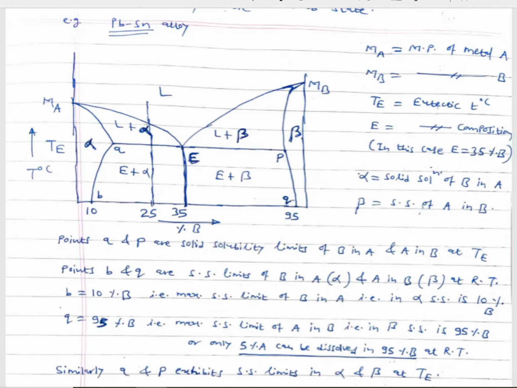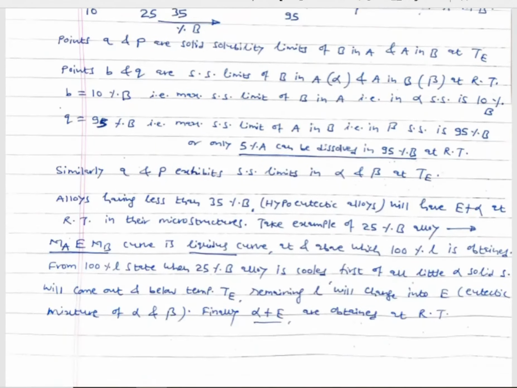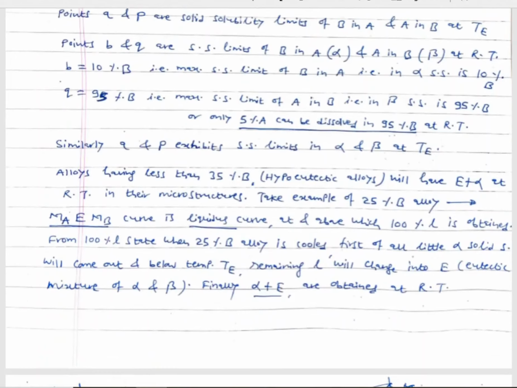And just below this line, it is 100% solid. So from 100% liquid state, when 25% B alloy is cooled, first of all little alpha solid solution will come out, and below temperature TE, the remaining liquid will change into eutectic mixture of alpha and beta. Finally, alpha plus eutectic are obtained at room temperature.